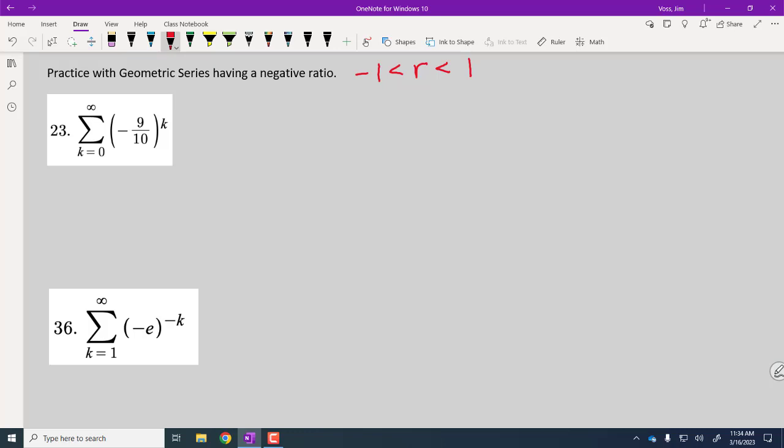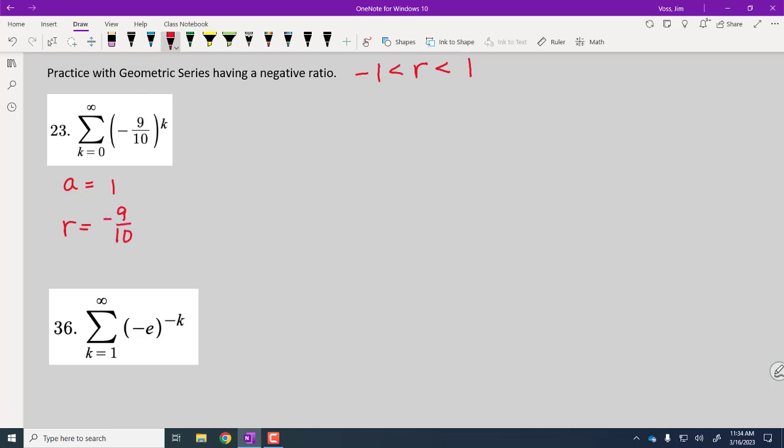What is A in this case? 1, right? Because the initial K value is 0. So we always use whatever the initial K value is. That's how we find our A. And how about the common ratio? -9/10.